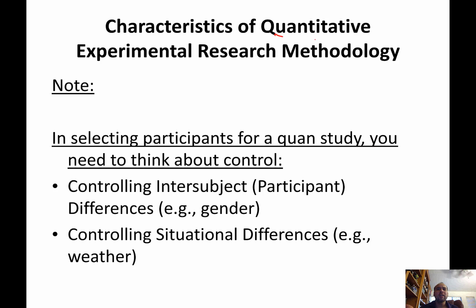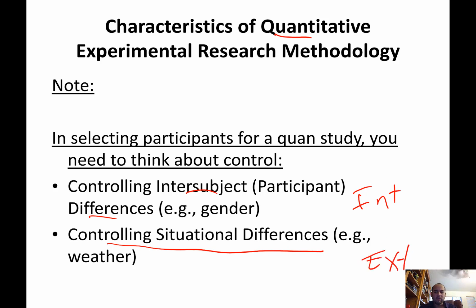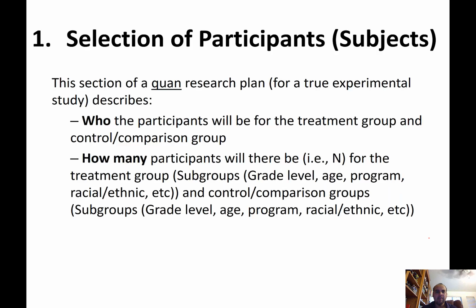Characteristics in quantitative: when you select participants, you must control for inter-subject differences, such as gender, race, ethnicity, whatever, that's internal, and also situational differences, that's external. So this is internal and this is external, and we'll talk a little more about that as we move forward in this presentation.